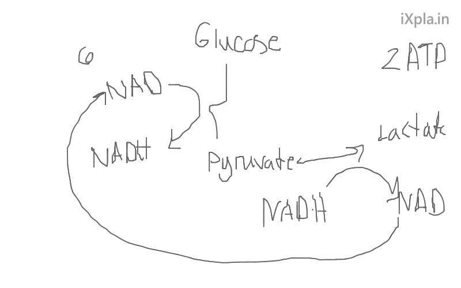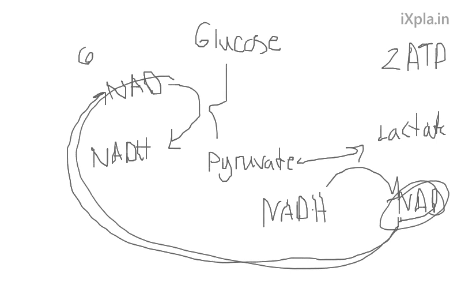That's the real purpose of forming lactic acid: to regenerate that NAD to keep the cycle running, not to give you energy extremely fast. That's more like a side effect. The whole process is really to form your NAD so you can keep this cycle running and form more pyruvate.